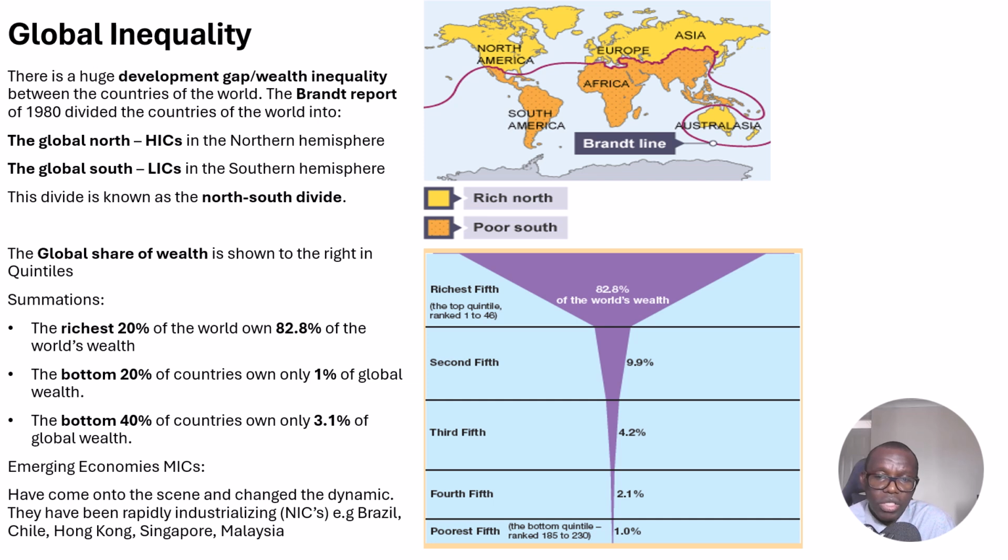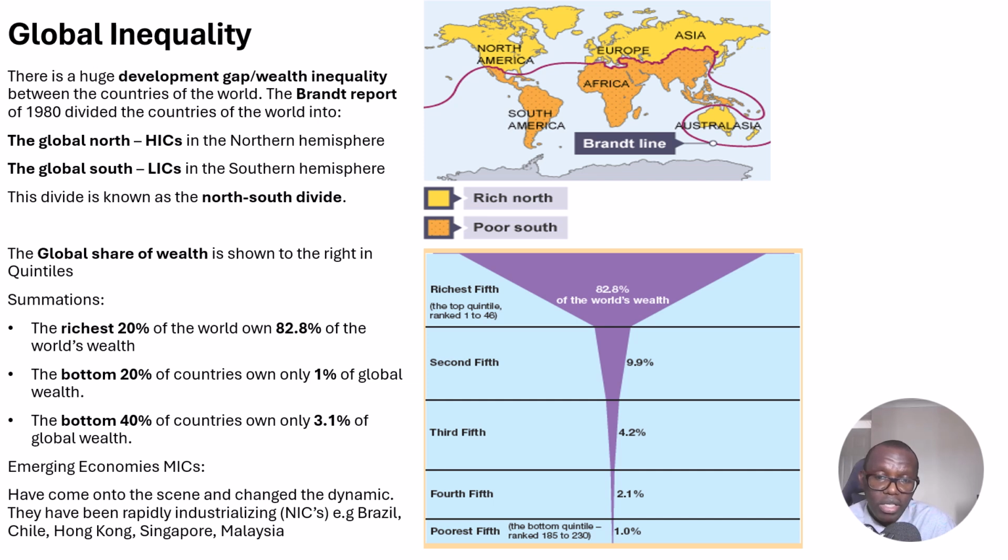Now, we can also see from the map that there's one country that does not quite fit into this category locationally. It's an anomaly here, because Australia is in the southern hemisphere, but is considered to be a wealthy country.